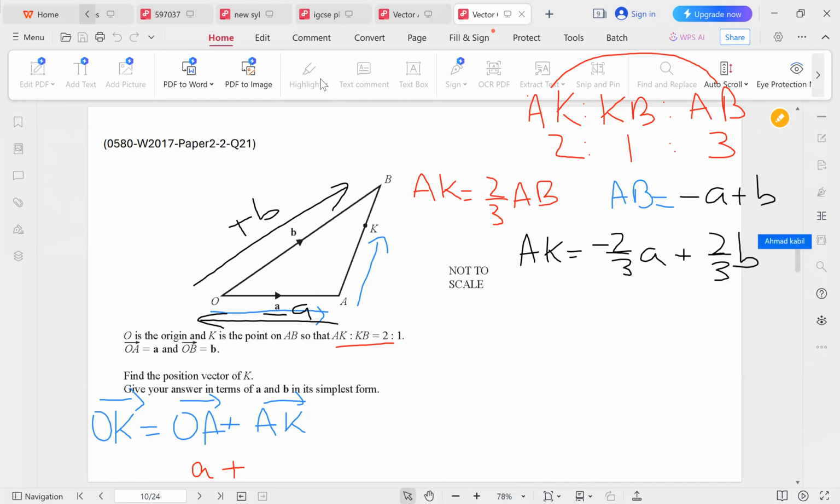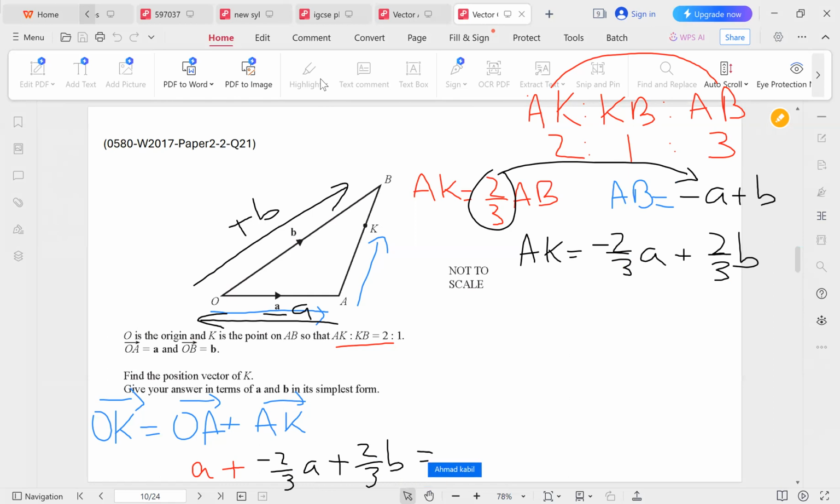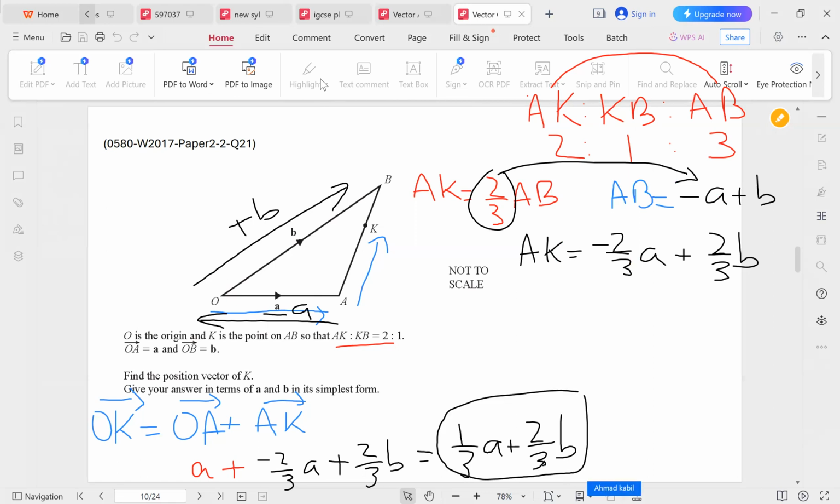I simply multiplied this fraction by this vector here, and we got AK, so we simply substitute it into the equation. So we have A plus negative 2 over 3A plus positive 2 over 3B, and that gives us 1 over 3A plus 2 over 3B. And that will be our final answer for this problem.